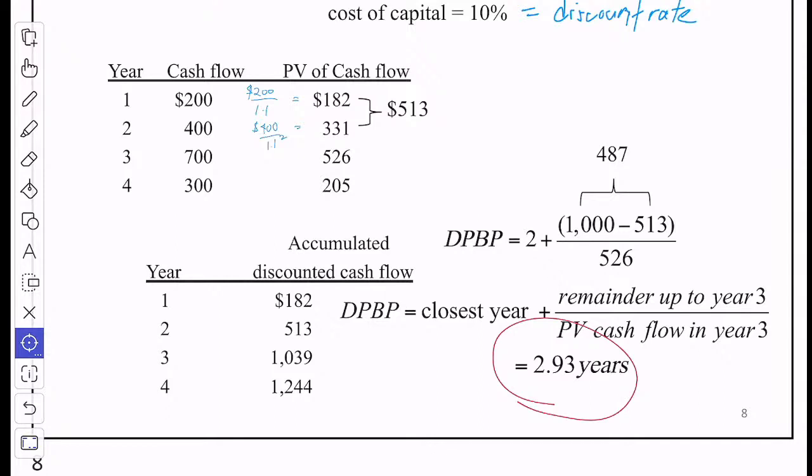Okay, so we use discounting because we understand there's a time value of money effect, and we want to incorporate that into our analysis.